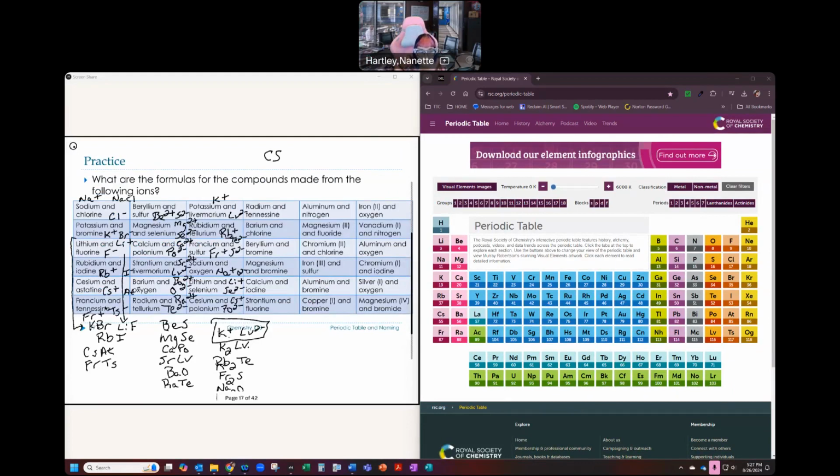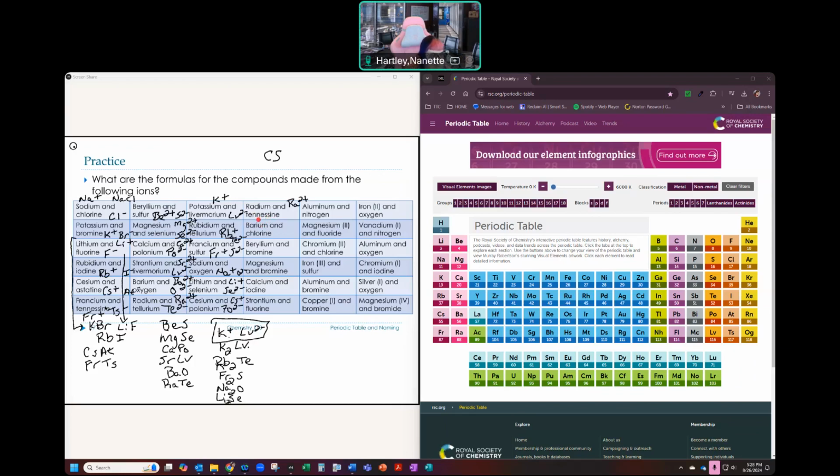Now, I need to find radium. And I know we found radium previously. So let's see if we can go find radium. Radium was down here. So he's an Ra2+. And then we had tennessine. And we found tennessine. And where was he?